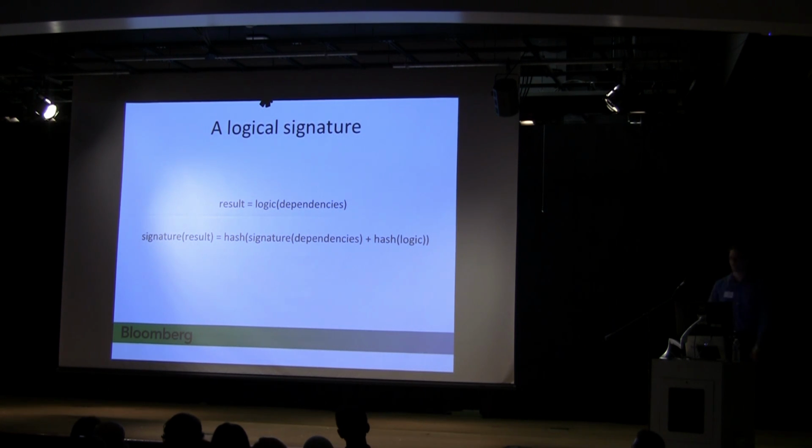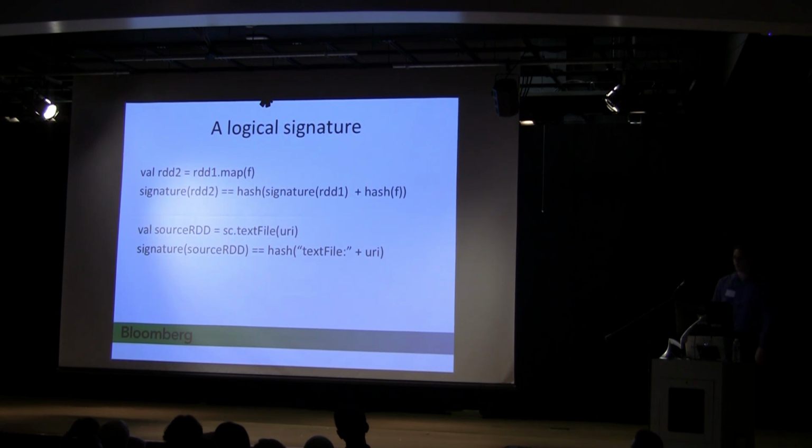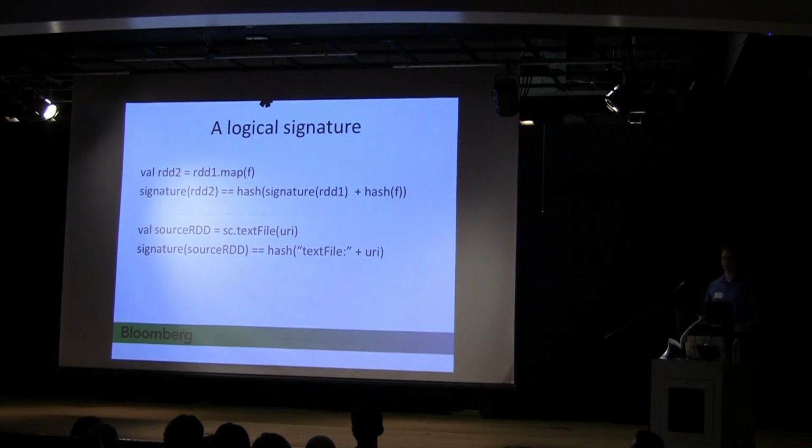And then we hash that all together to produce the final signature. As an example, if we have RDD2 equals RDD1.map of some function f, we want to get the signature of RDD1, that's our dependency, and then we hash f, and then we hash the concatenation of those things, and that's our signature.